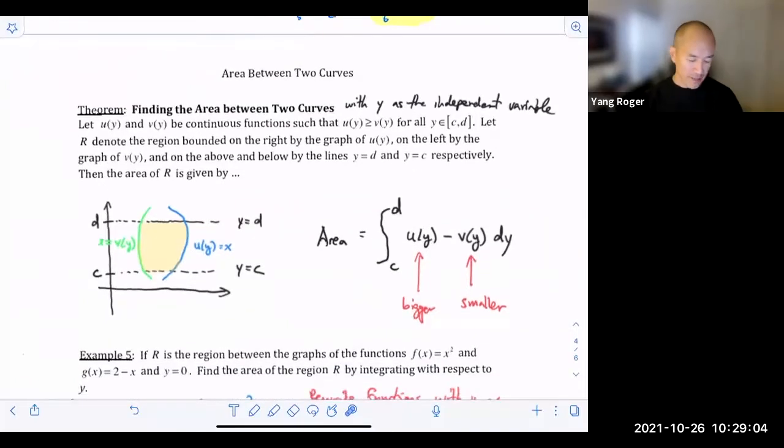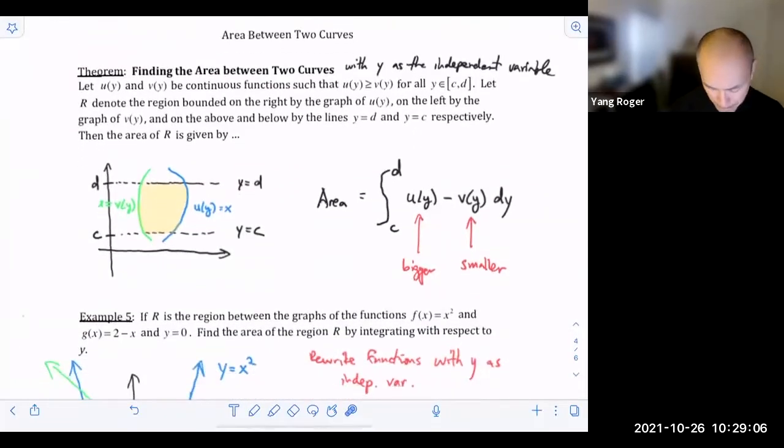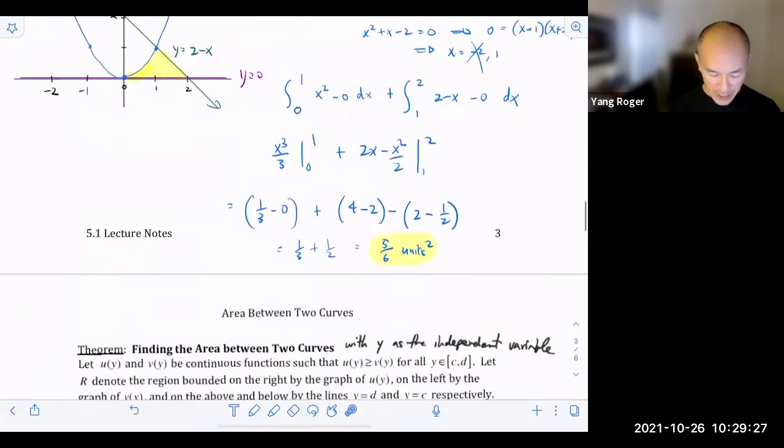So when you look at this picture I've drawn over here, for the right left integral, you've got to remember that the bigger numbers are on the right, because the x values increase as you go from left to right, and the smaller numbers are on the left. So we're still doing bigger minus smaller, just like we did up above.